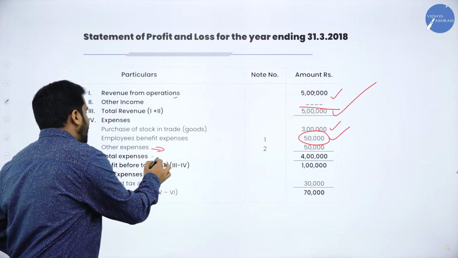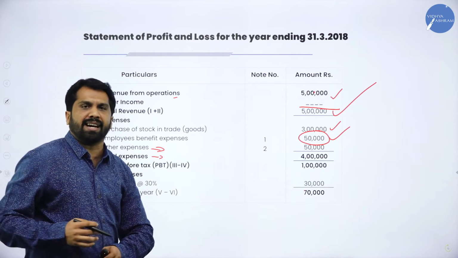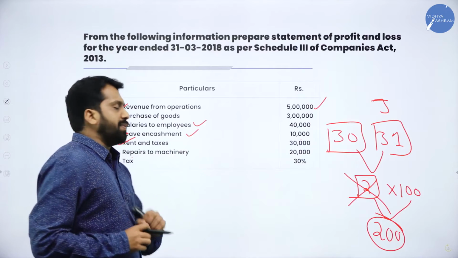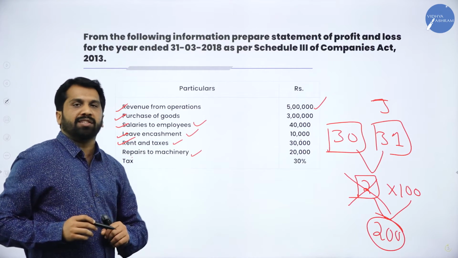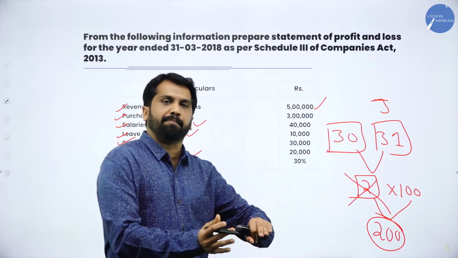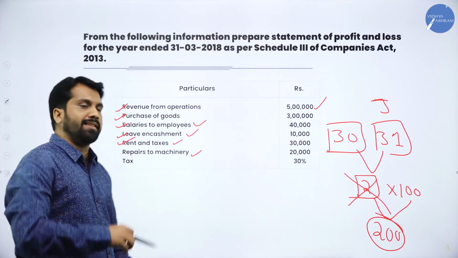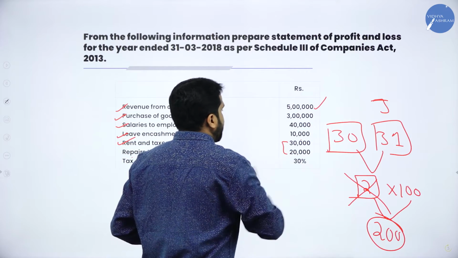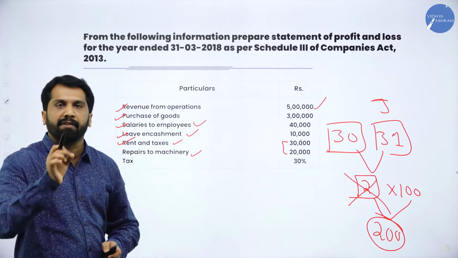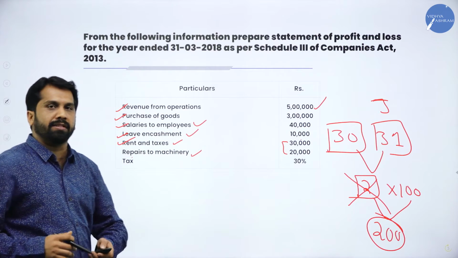Then other expenses. How to calculate other expenses? For other expenses, we have rent and taxes, and repairs to machinery. If it is depreciation, it is separate. Repairs come under other expenses only. Now, 30,000 plus 20,000, what is the total? Yes, 50,000. I'll go back to your working note.